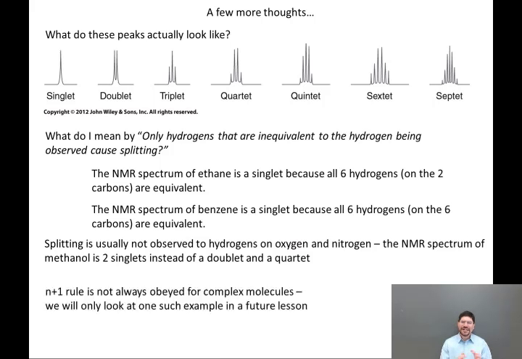And then finally, there are a few complex cases, especially when we're dealing with aromatic rings, but there's actually even more complex cases than that, where the n+1 rule is not obeyed. Most of the cases where the n+1 rule is not obeyed are way beyond the scope of this course, and they're things that we might consider in 300 level chemistry courses or even in graduate level chemistry courses.